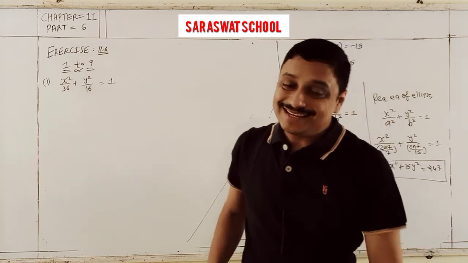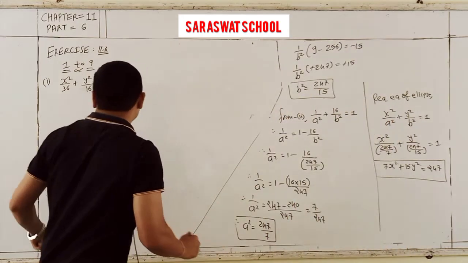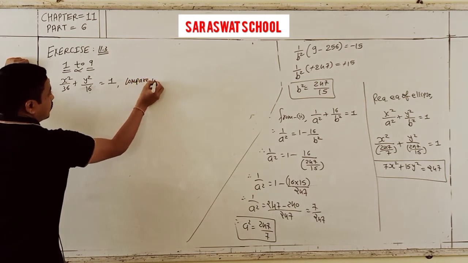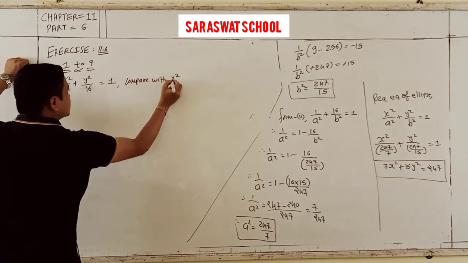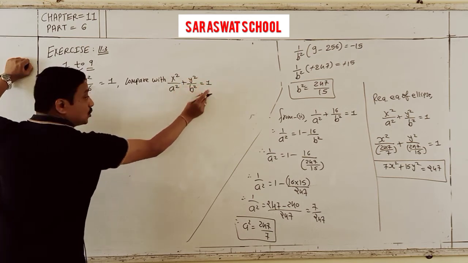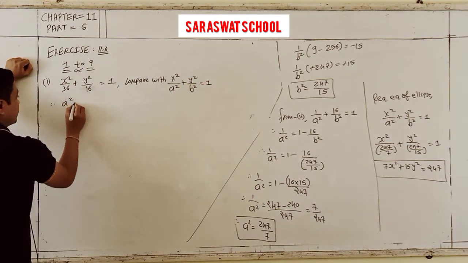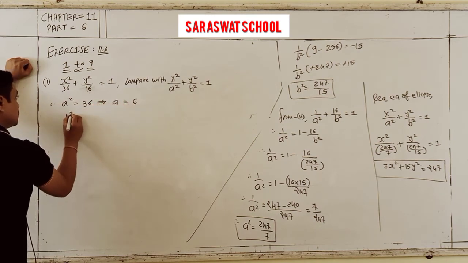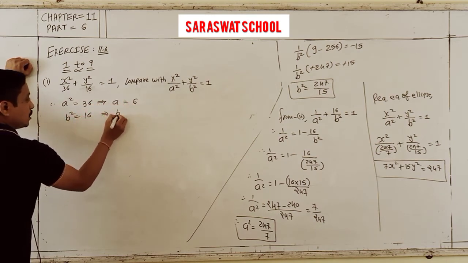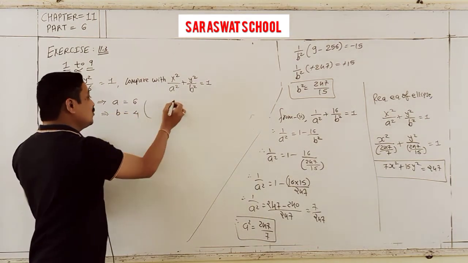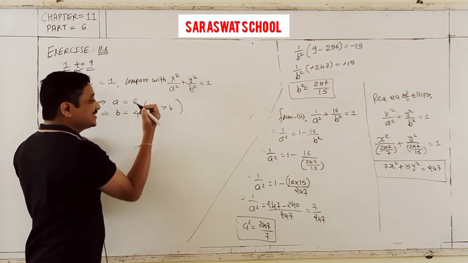It's very easy. First of all, you compare, students, with x square by a square plus y square by b square is equal to 1. A square is 36, a becomes 6, b square is 16, b becomes 4. Now check what your major axis is.